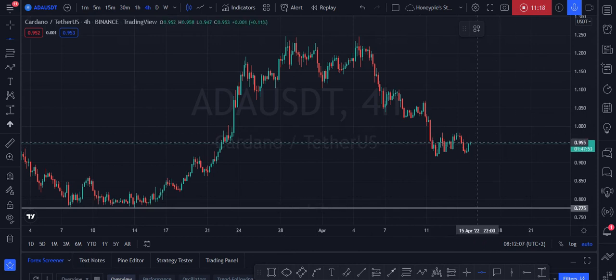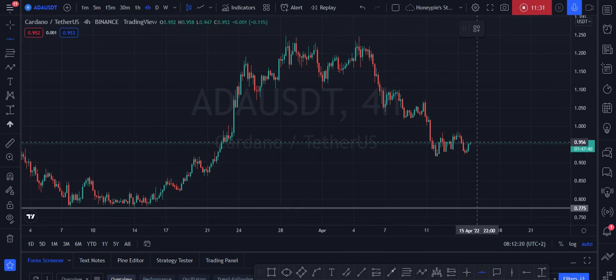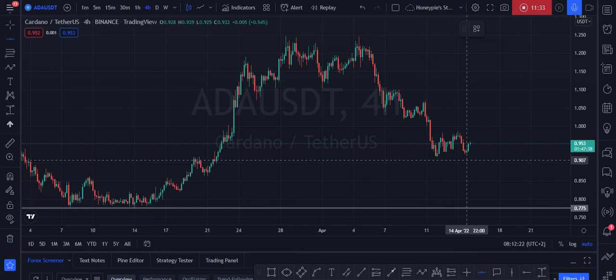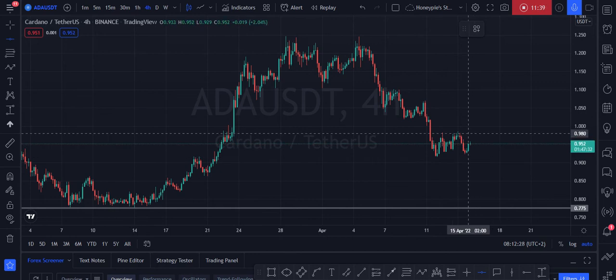The current market price is at 0.953. Now, whatever zone you identify below the current market price is known as your support. Whatever zone you identify above the current market price is known as your resistance.